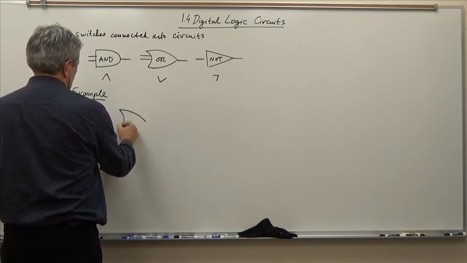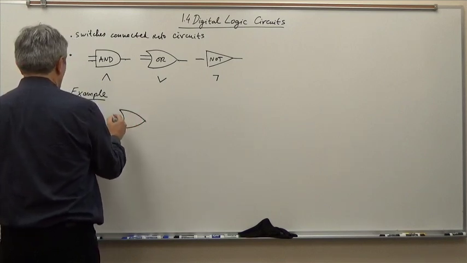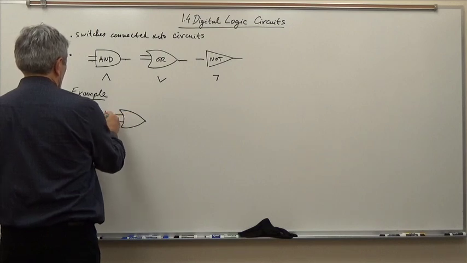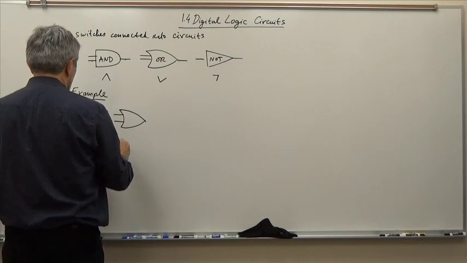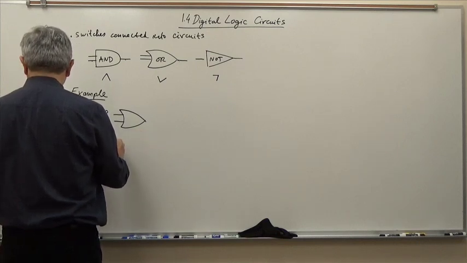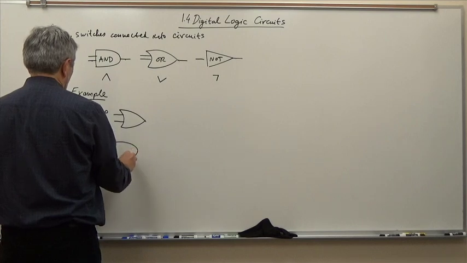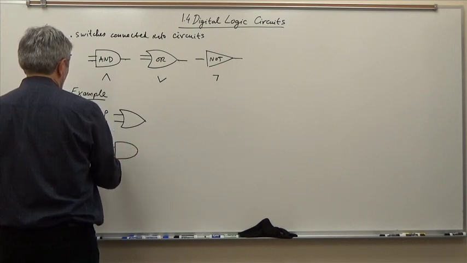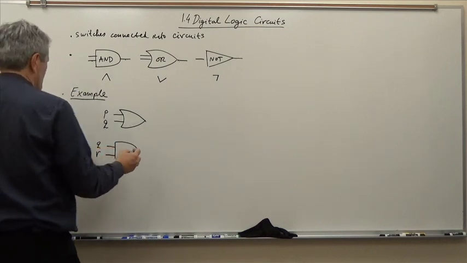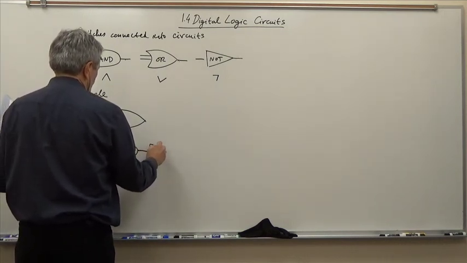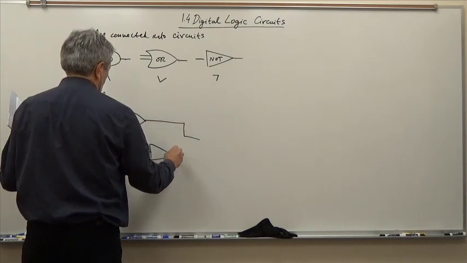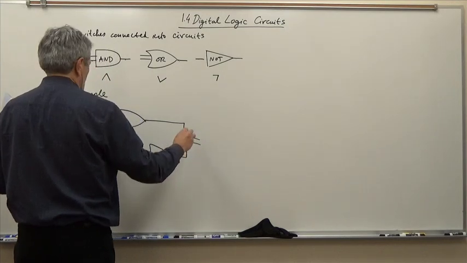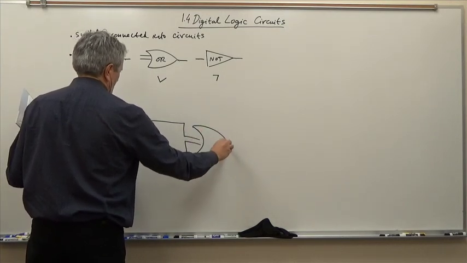Here is the OR, and then here are two signals. We'll call them P and Q. And then here is the other one, Q and R. Q and R are here. Then we have an inverter. And then these two are again connected, and they are connected with the OR.